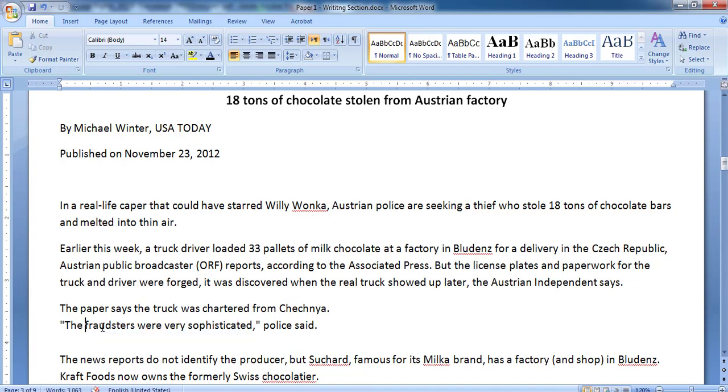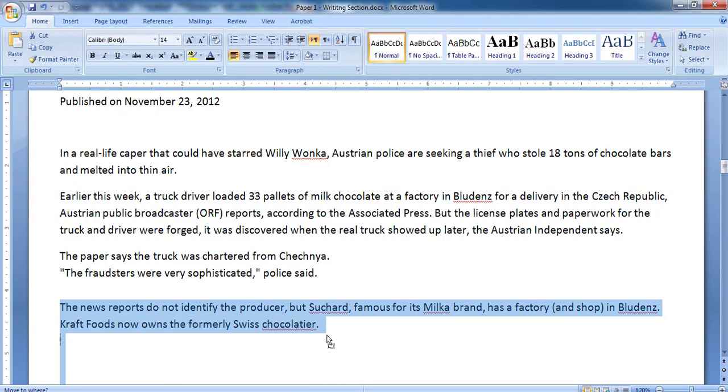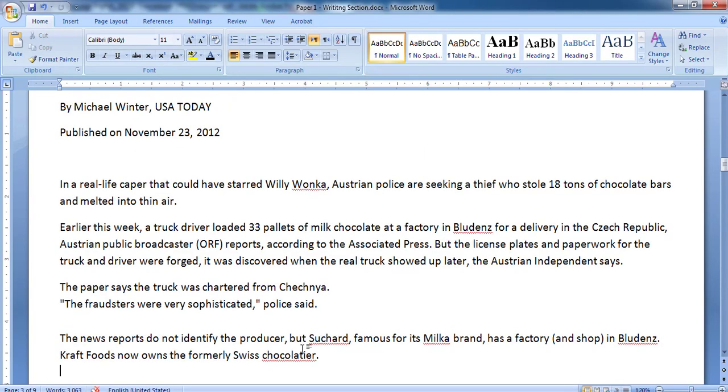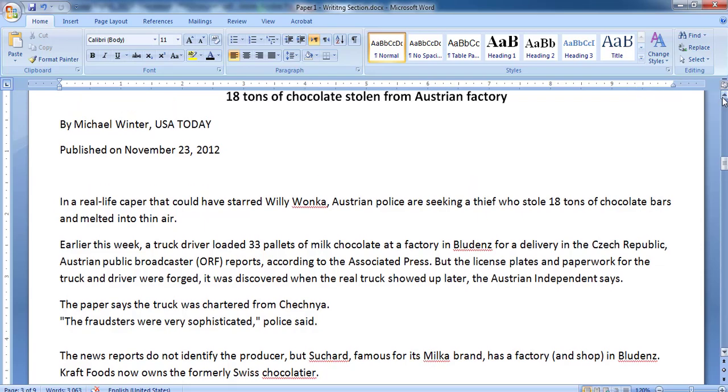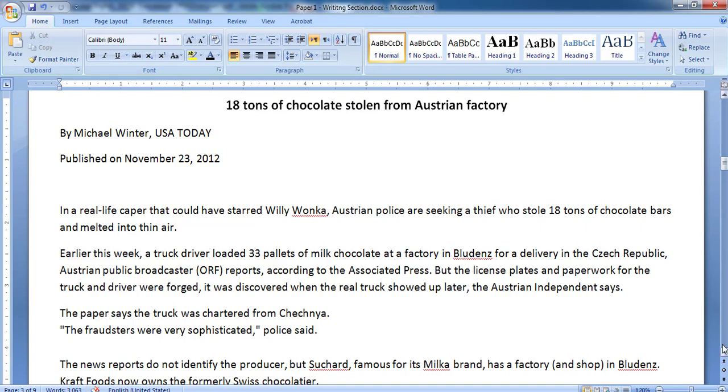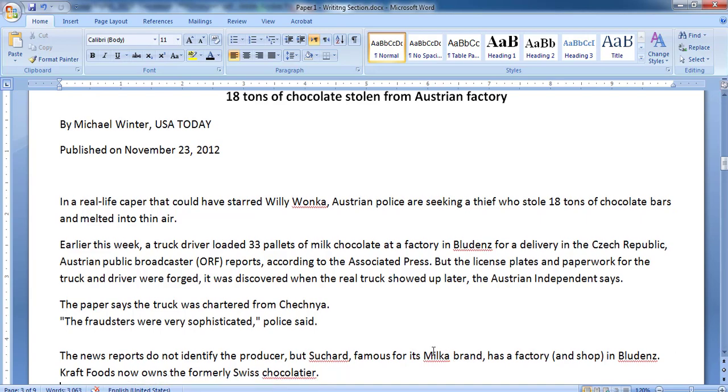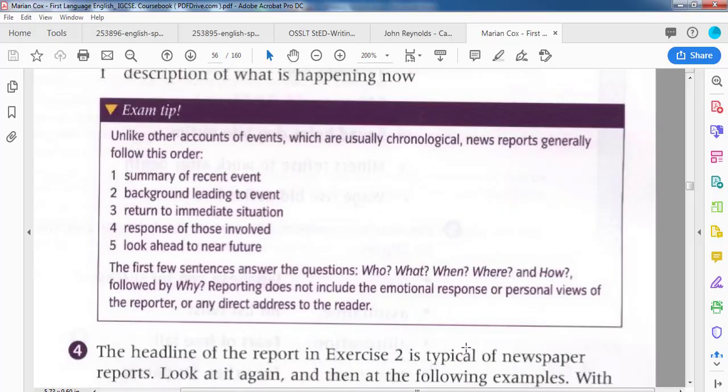This one here is in present, but according to an eyewitness. Here you are predicting what will happen in the future. The police are searching, for example, and they will find him. When they find him, he will be sentenced, for example, to 4, 5, 6 years in prison, something like this.